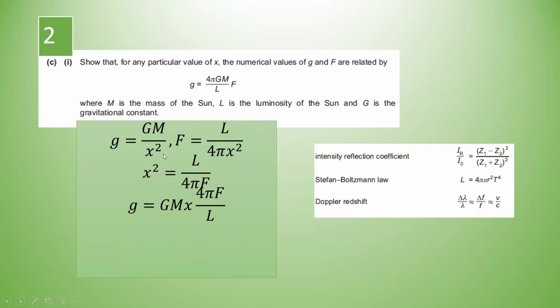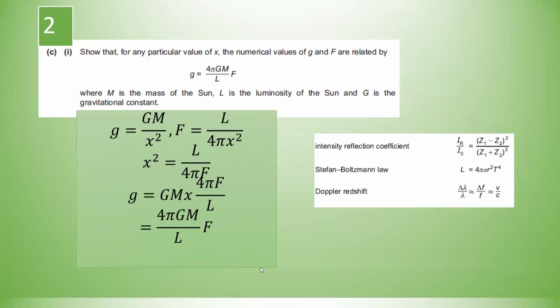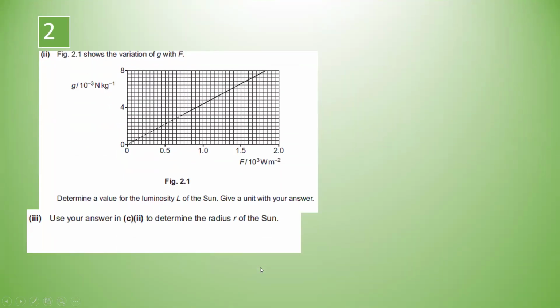GM over x squared becomes L over 4 pi F. Rearrange it, then we get our answer. We derive the formula.